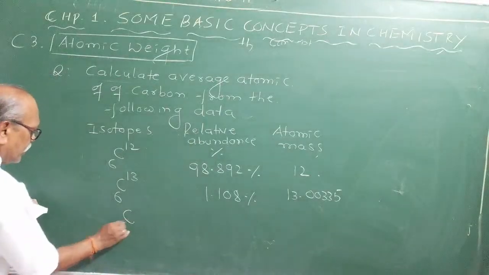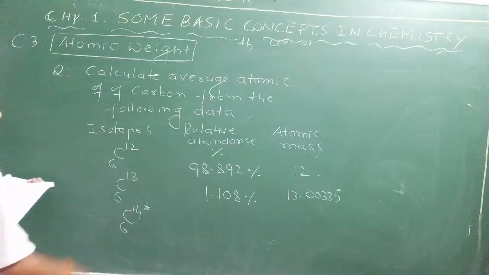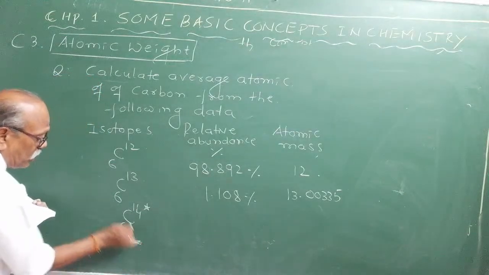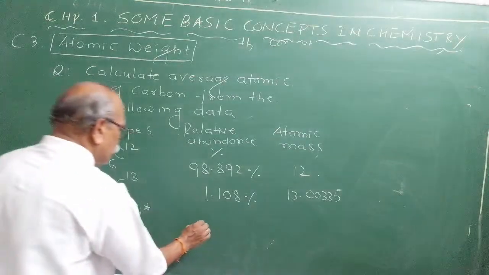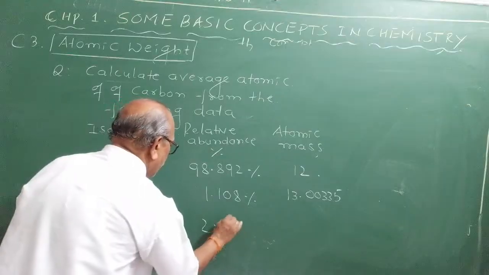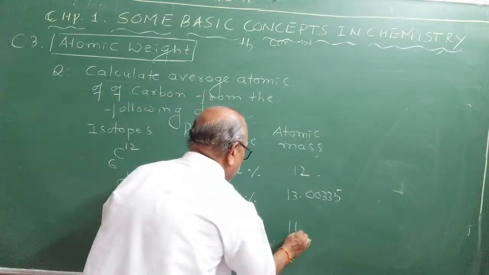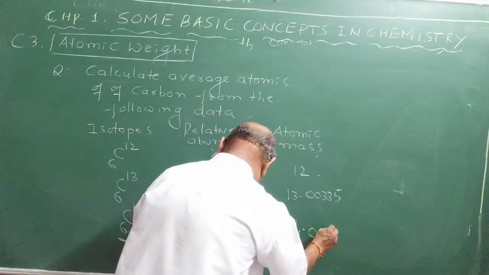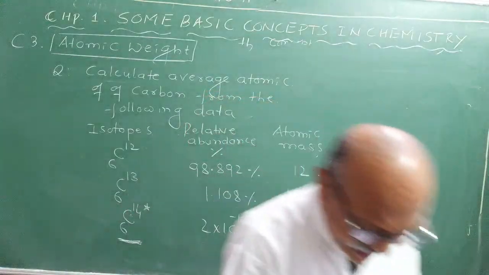And there is another isotope, carbon 14. It is radioactive. Whenever I write a star, it is radioactive. Carbon dating of old fossils and old monuments is done using this only. Its abundance is 2 into 10 raised to minus 10 percent. Its atomic mass is 14.00317. This is the data given to you.